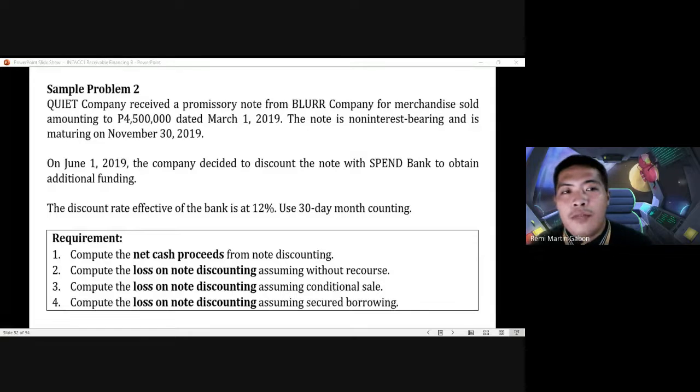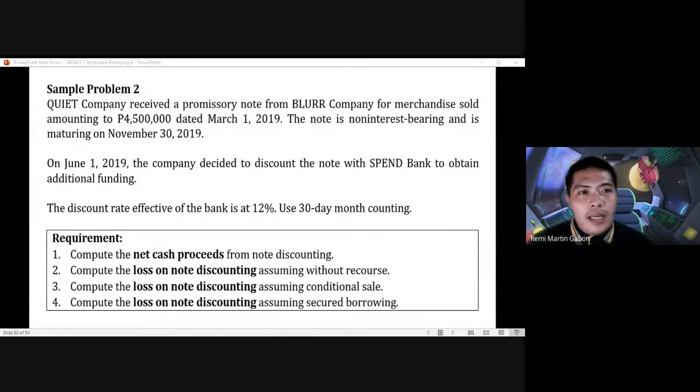Magkano yung maturity value natin ng promissory note? Grabe naman, Loribel.